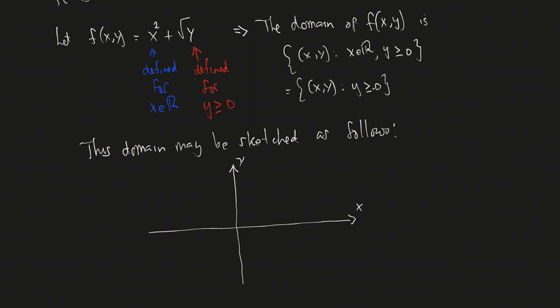The line Y equals 0 is the x-axis. So the domain can consist of all the numbers on your x-axis, and all the points that are above the x-axis. So basically, it's all the points, including the x-axis, that are in the first and second quadrants.